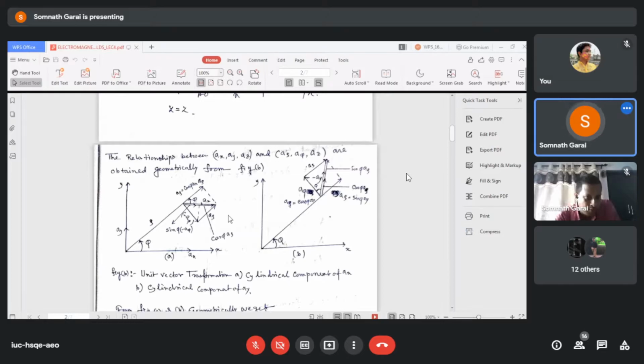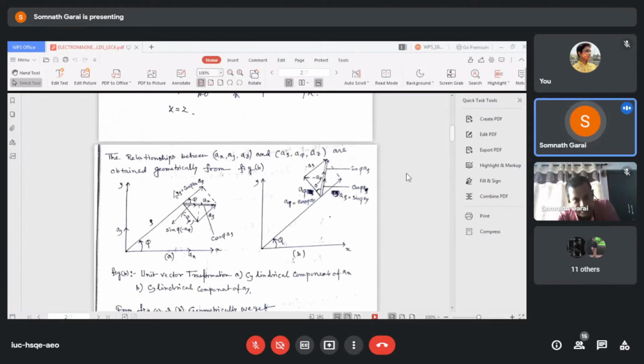Now that is the direction of the arrow. And remember one thing, this a rho, ax, these are all vectors. If this is the direction of phi, then this will be the direction of minus a phi, because the a phi direction is in that direction.